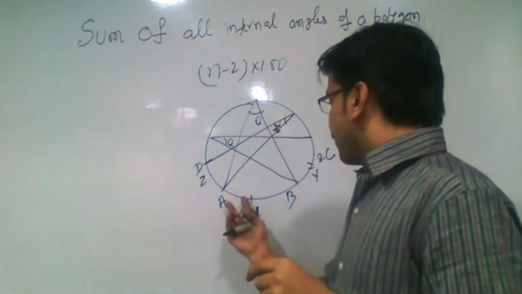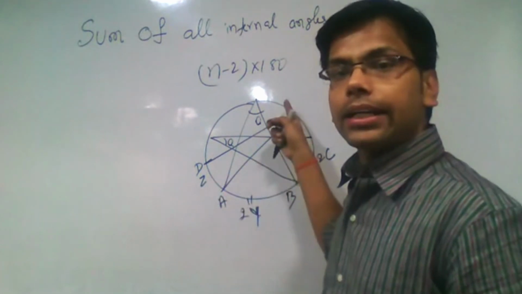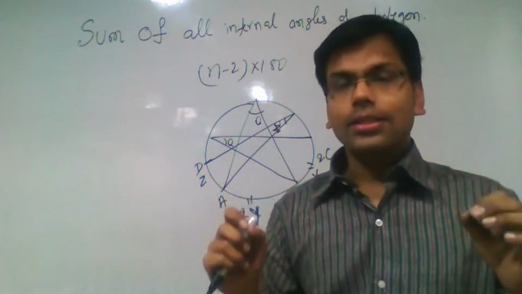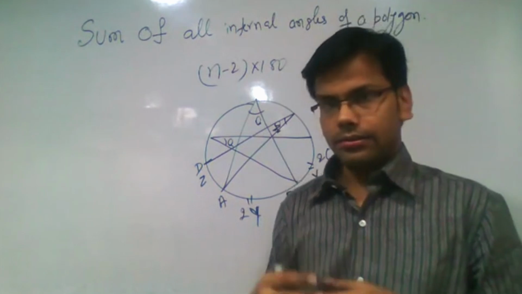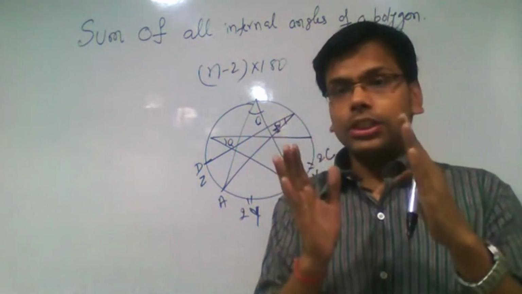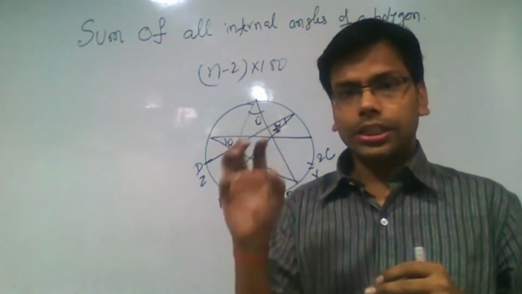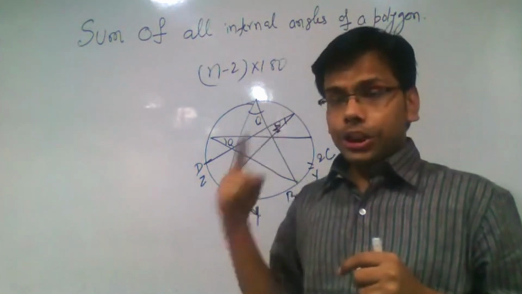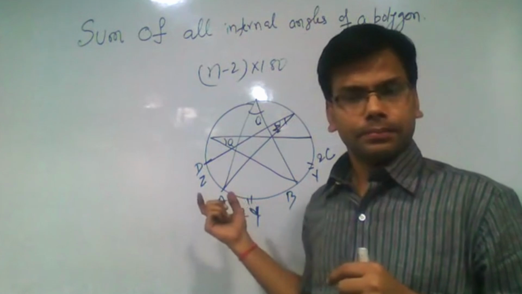But if AB is twice DA, then DA makes an angle theta by 2 in comparison to theta. So the first concept is that the internal angle is nothing but the summation of all angles made by sides and diagonals. The second concept is that for any quadrilateral, either parallelogram, rhombus, rectangle, anything, the summation is 360, meaning constant. The third one is that the angle subtended by an arc depends on the length of the arc.